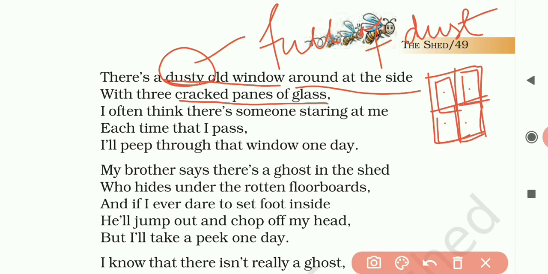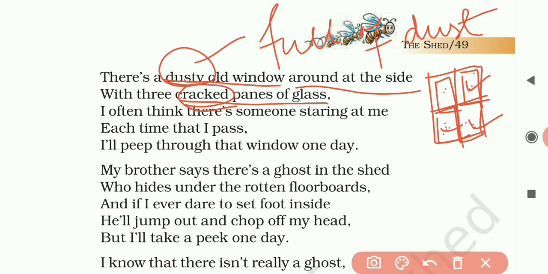Okay, you might have seen the glass windows. So there are 4 panes, but out of these 4 panes, 3 of them are cracked. What is the condition of the glass panes that have been used in that particular old window? A dusty window, 3 of the glasses have cracked.